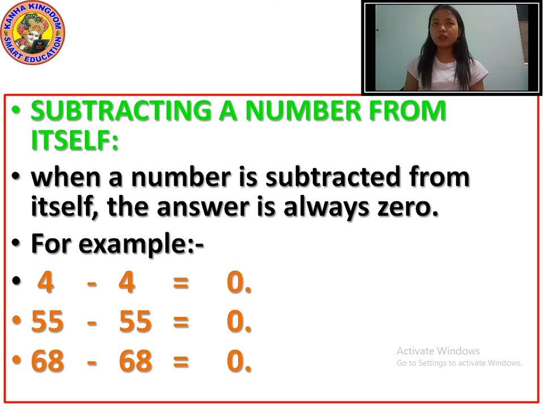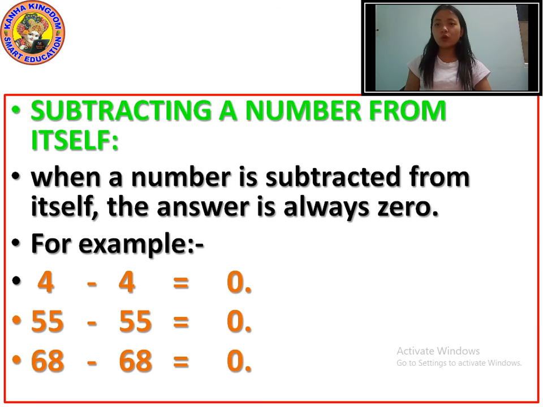Okay student, in the whole chapter we learned the introduction of subtraction. Subtraction means to take away, or it is a process of finding the difference between two numbers or quantities, right student? After that we learned the subtraction of two-digit numbers through many examples.